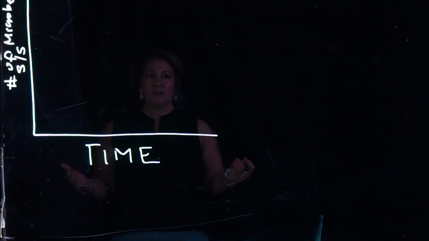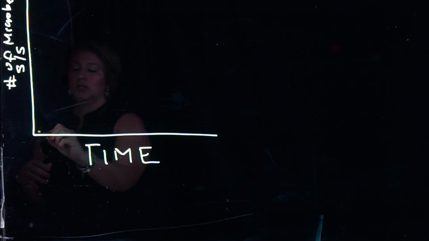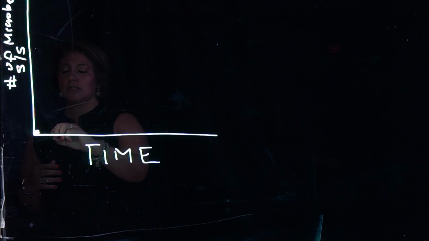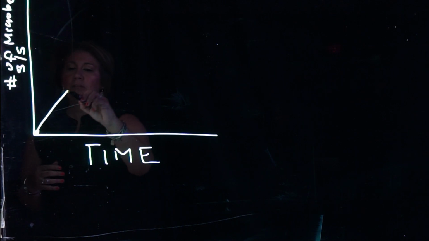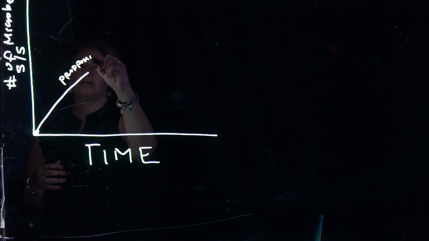So before you're infected with the microorganism, or right on the onset of infection, you're going to be down here. So onset of infection, very low to 0 number of microbes and no signs and symptoms. As the disease starts to progress, you go from your period of infection to what is called the prodromal period.